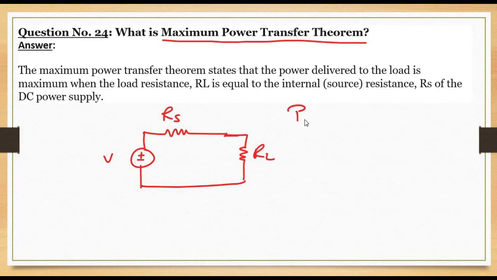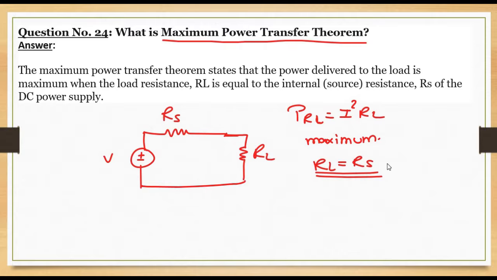Now the power across RL can be given as I square into RL, and this power will be maximum when our load resistance is equal to source resistance.